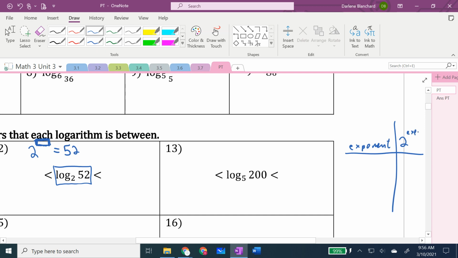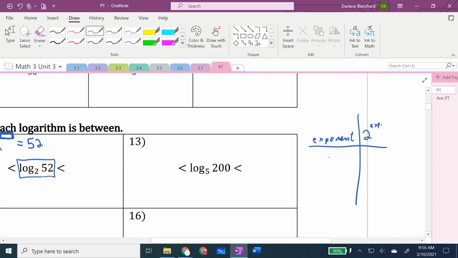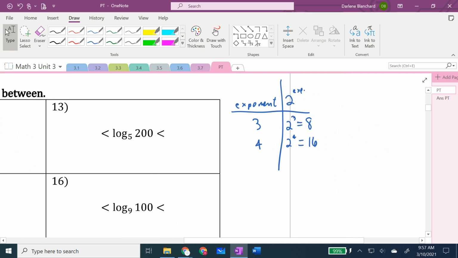So with 52, obviously, we don't want to start with 1. So let's start with 3. If the exponent is 3, 2 to the third power is going to give us 8. For 4, 2 to the fourth power is 16. And I'm keeping an eye out for the number 52. And I realize I may need to go a little ways to find it.